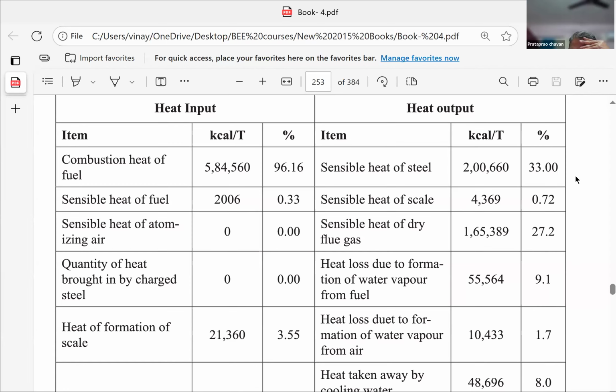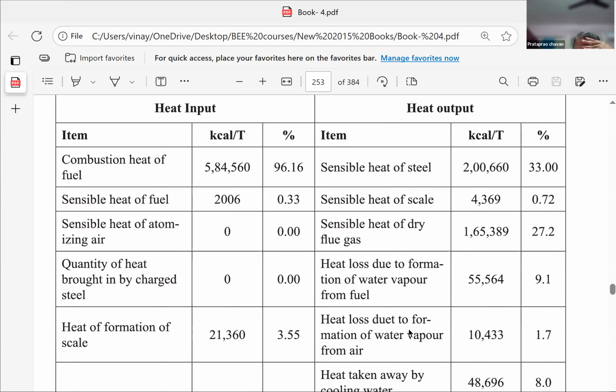So what is the distribution? So much sensible heat of the scale that has gone out, sensible heat of dry flue gas that is going out, heat loss for formation of water vapor 9.1. Heat loss due to formation of water vapor: water vapor is formed because of two things. One is the presence of hydrogen, another is the presence of water itself, that is the moisture.